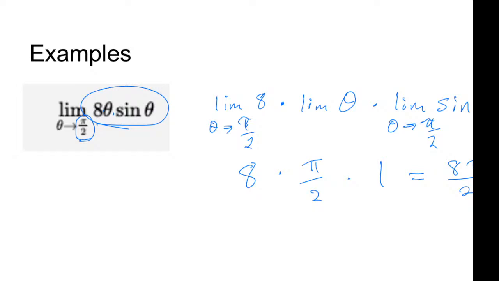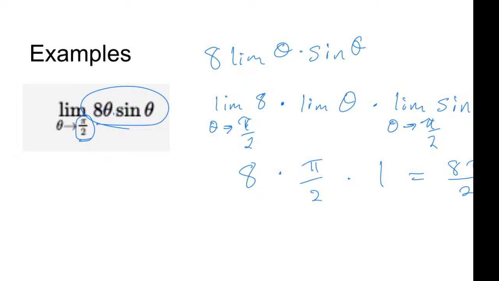Okay? So you'll get to where you just calculate. You won't have to write all this out. We could have said this is 8 times the limit of theta times sine, because 8 is a constant, and then you don't have to worry about that and just multiply by 8 at the end. So all those work. So far, so good? Yes?